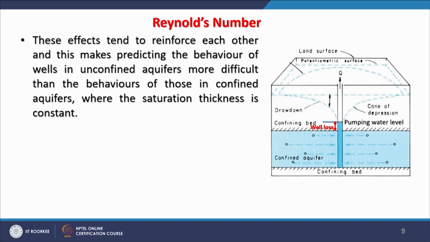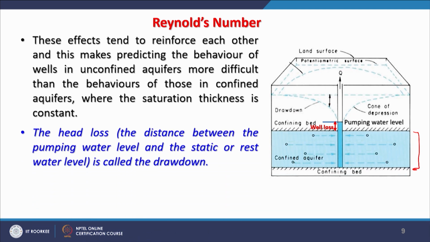Relatively, in confined aquifers this kind of understanding is easier than in unconfined aquifer conditions, because in confined aquifers, like in this example, the saturated thickness remains almost the same, and therefore these values will also remain the same.